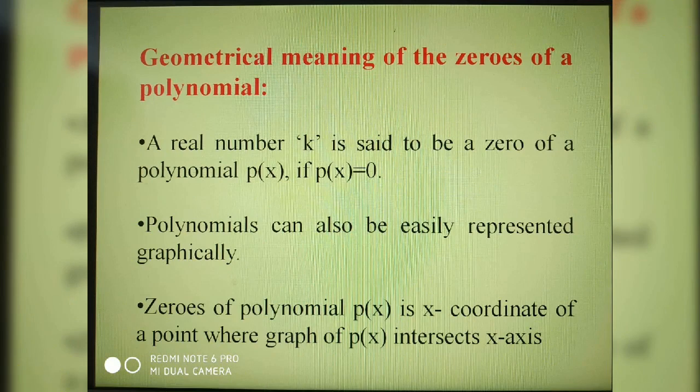A real number k is said to be a zero of a polynomial p of x if p of k is equal to 0. All of you know polynomials can also be easily represented graphically. Zeros of polynomial p of x is the x coordinate of a point where the graph of p of x intersects the x-axis.